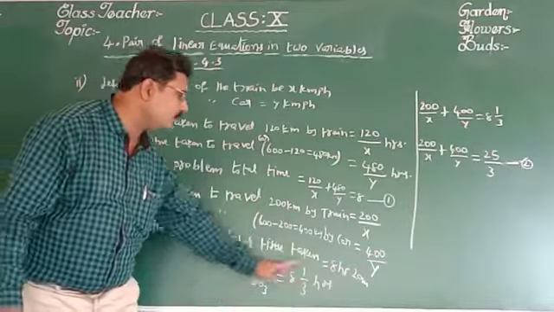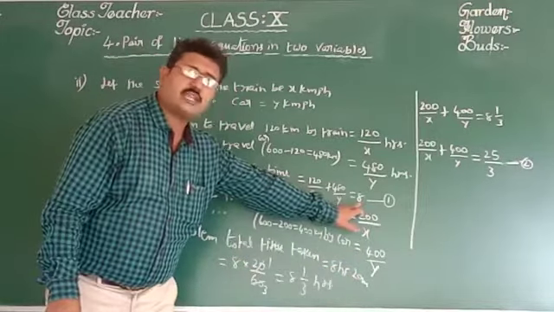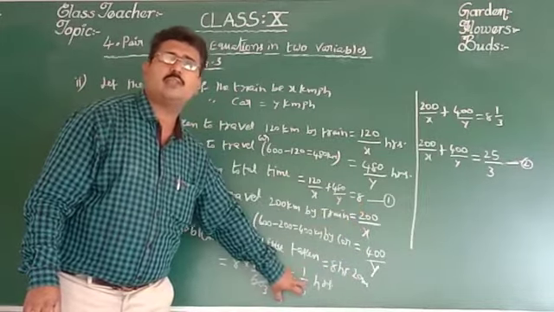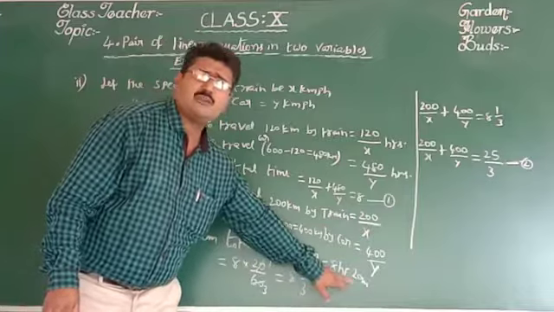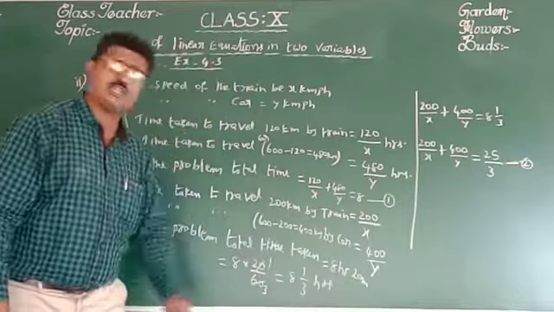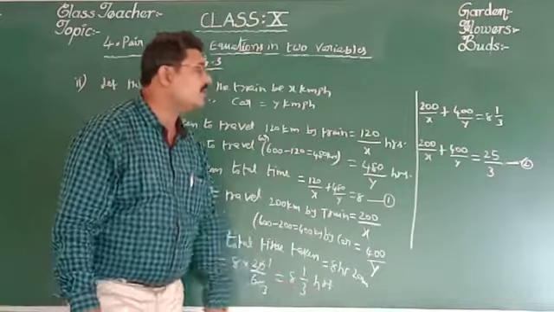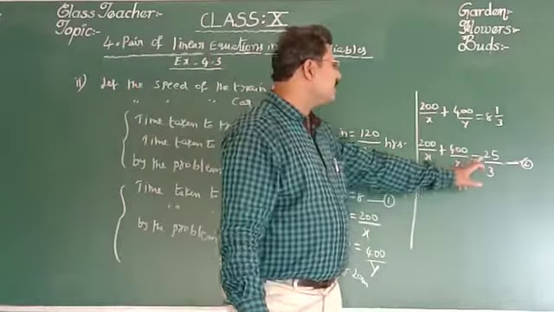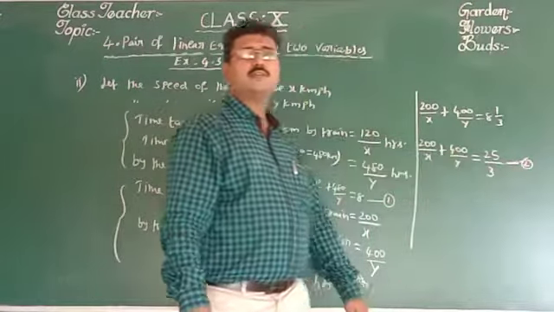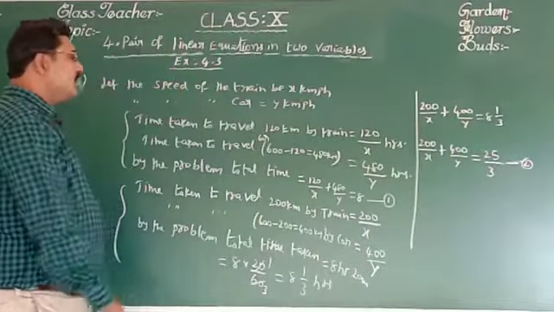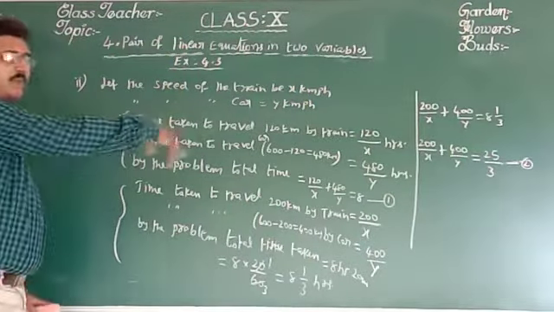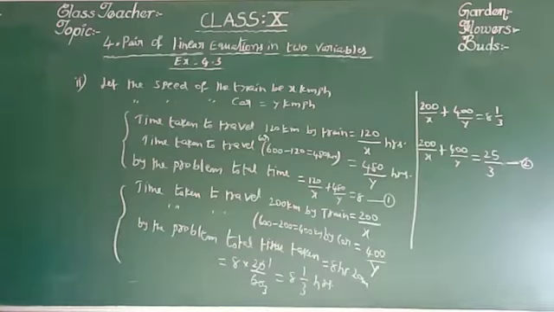Since the first equation is in hours, the second should be too, so 20 minutes becomes 20 by 60, which is 1 by 3. So 8 1 by 3 hours, which is 25 by 3. Call it equation number 2. Now see equations 1 and 2. Please note this down.